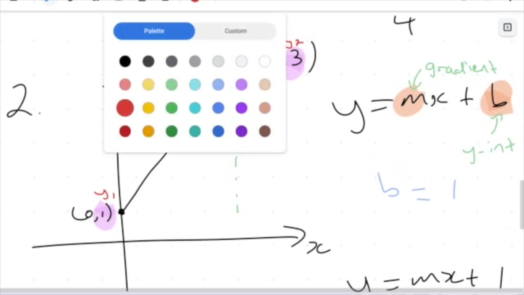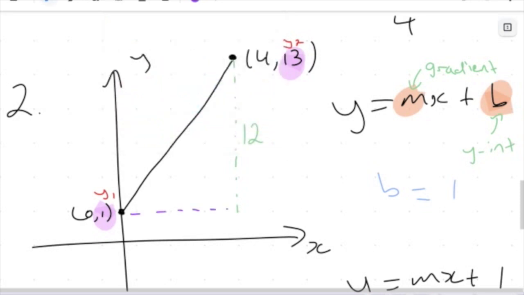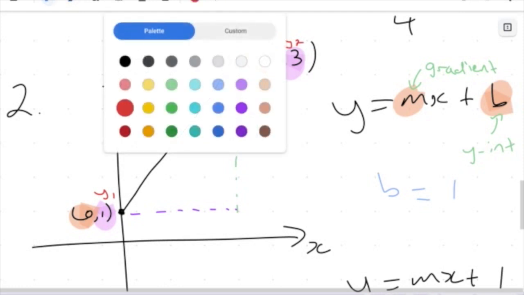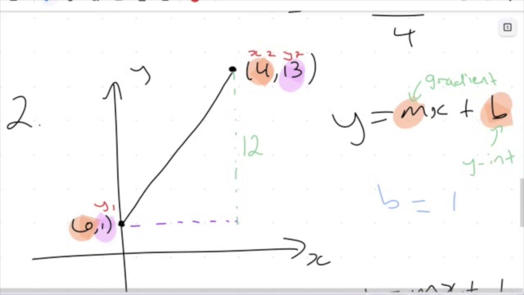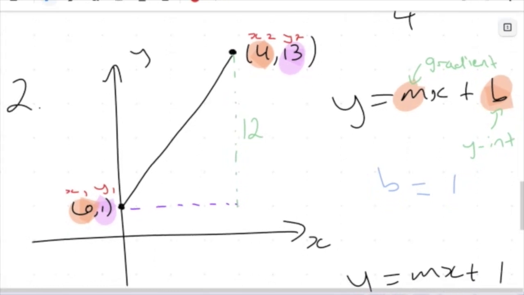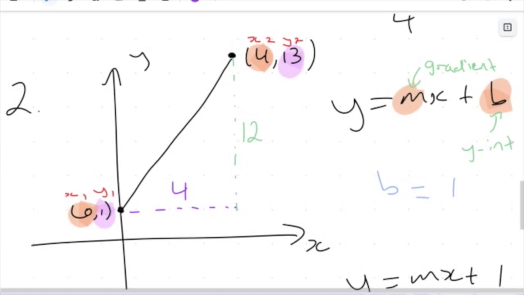And now I need to just find the difference in the x values. So from 0 on the x here up to 4. Or I can think of this as x2 and x1. Okay, so finding that difference, I start at 0 and I make my way over to 4. So I've traveled a total of 4 units in the x direction.